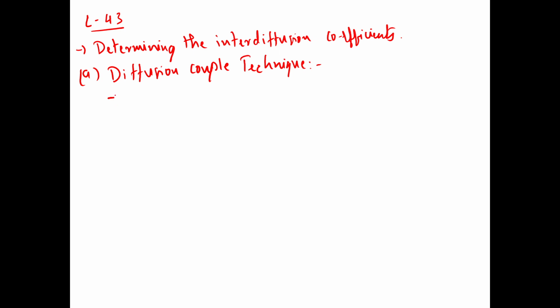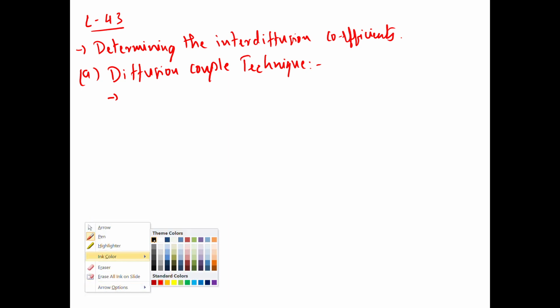First and foremost, we will be preparing two different alloys. I'll make it in different colors so that it will be useful for you.